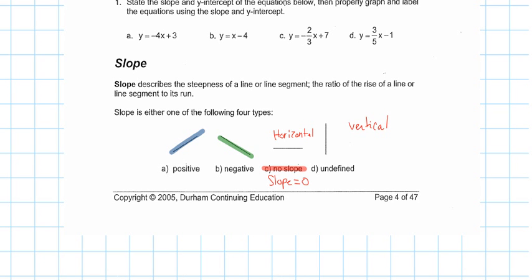Okay? So it's not 0, it's not positive, it's not negative, it's undefined, okay? Because what happens with the vertical slope is basically we're dividing by 0, and in math, if you divide by 0, you're going to get an error. You can't divide by 0, it's undefined, okay? So all vertical lines have an undefined slope.